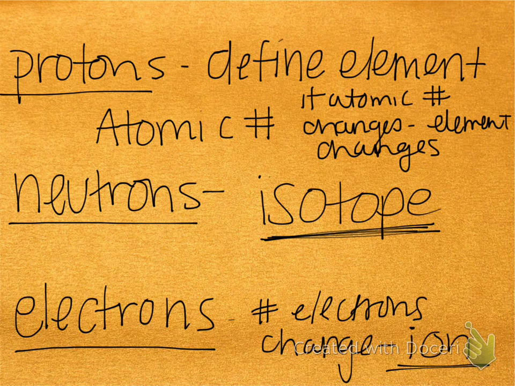So those would be isotopes of oxygen. But then we could have oxygen with 8 electrons, but we could also have oxygen with 10 electrons. That 10 electrons is an ion because our electron number changed from what it originally was.